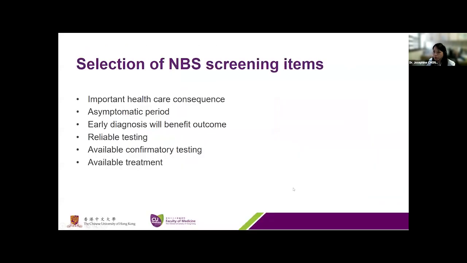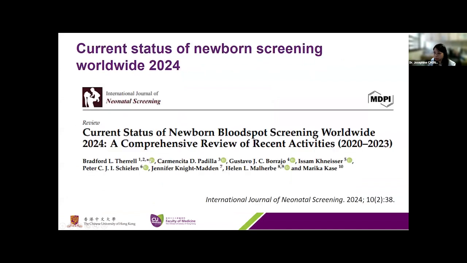So while we select the newborn screening items, we need to know how the patient will go through this whole process listed here, because then, for each single item, you will know how to counsel the parents. There are different types of newborn screening programs running worldwide.